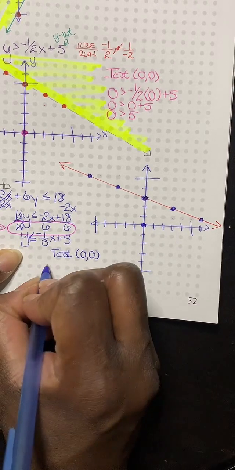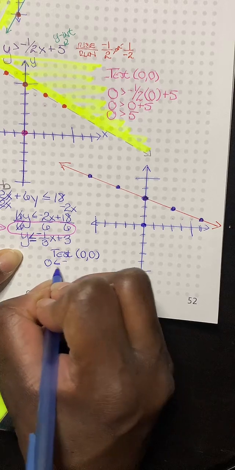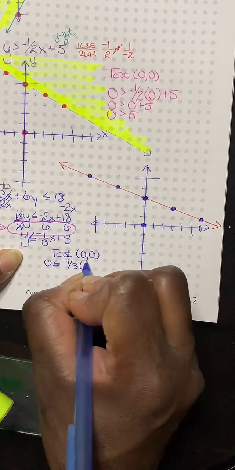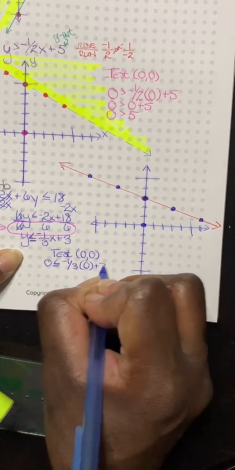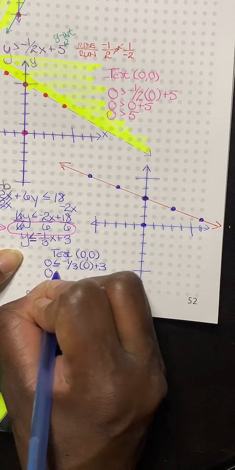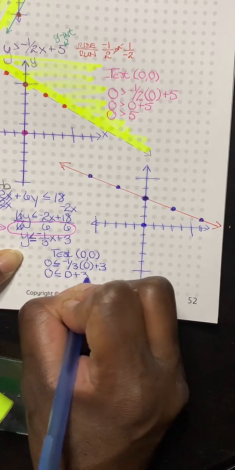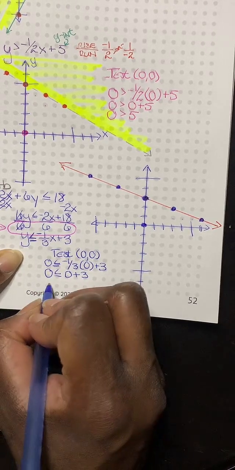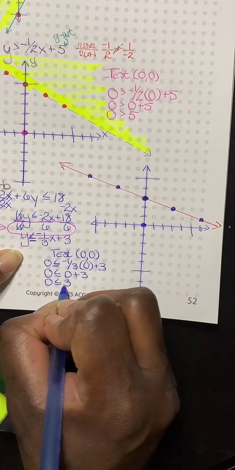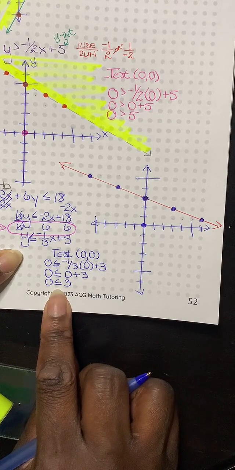So now I'm going to plug in a 0 for the y, and a 0 for the x. So if we have 0 is less than or equal to 0 plus 3, that means we have 0 is less than or equal to 3. Is this a true statement?